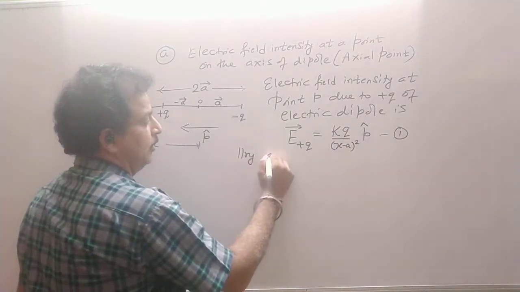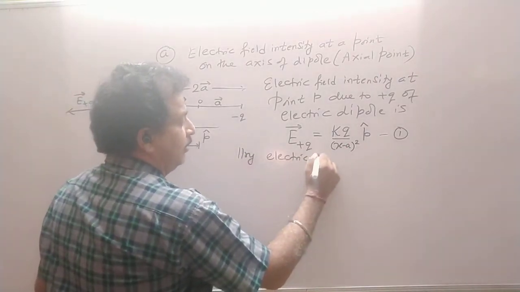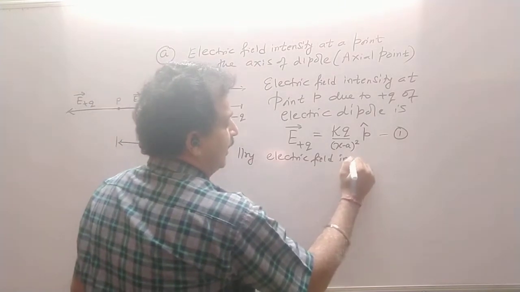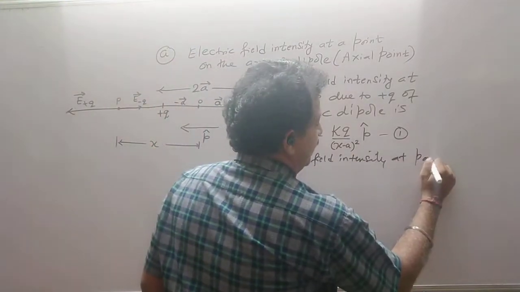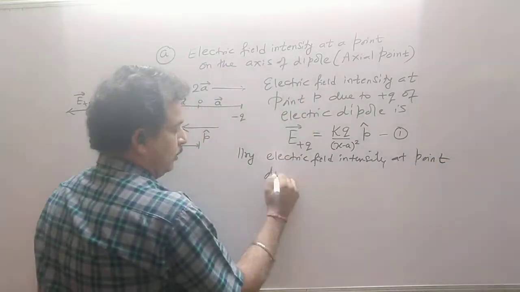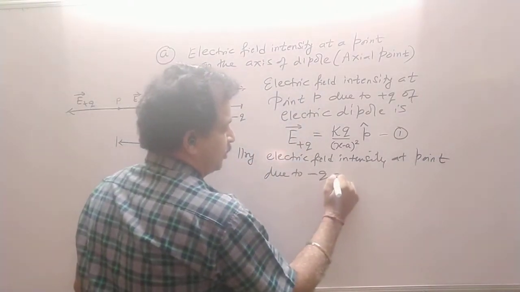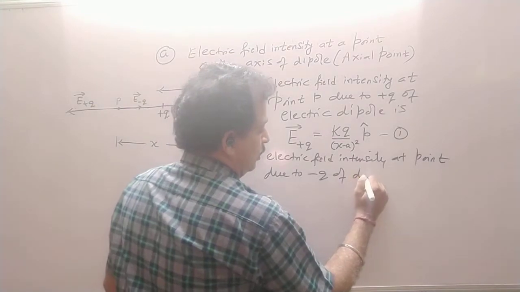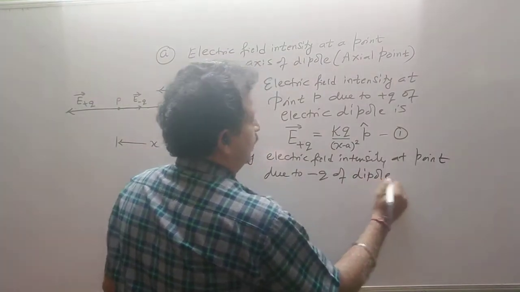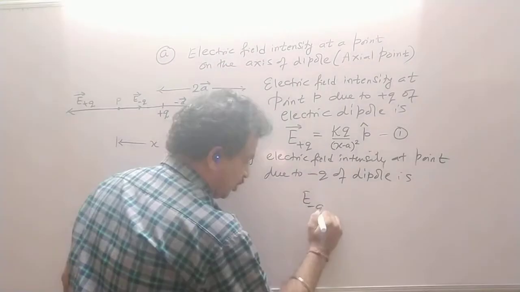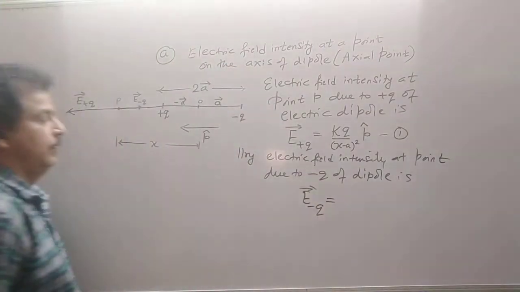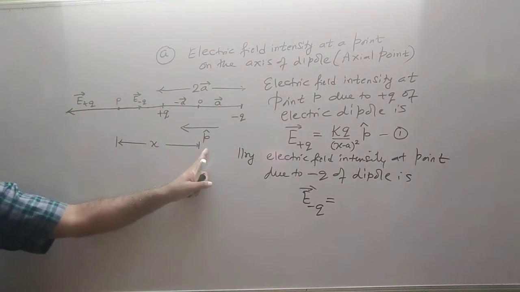Similarly, the electric field intensity at point P due to minus q charge of the dipole is now E minus q. So its direction is opposite to the dipole moment.